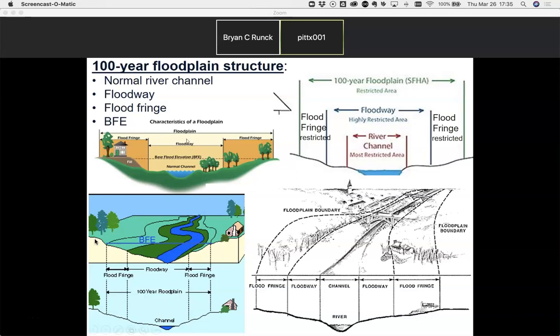These different portions of the floodplain become areas of thinking about different types of planning strategies and different types of development restrictions. In the river channel itself, obviously we're going to have the most restricted area, and the floodway itself is also considered highly restricted.